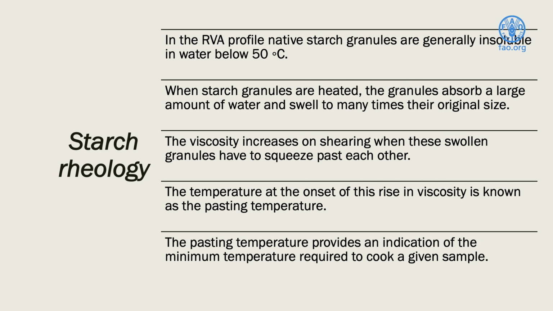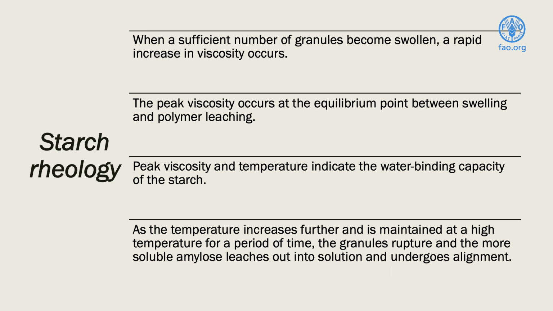The viscosity increases on shearing when these swollen granules have to squeeze past each other, and the temperature at onset of this rise in viscosity is known as pasting temperature. Pasting temperature provides an indication of the minimum temperature required to cook a given sample, when a sufficient number of granules become swollen and a rapid increase in viscosity occurs.